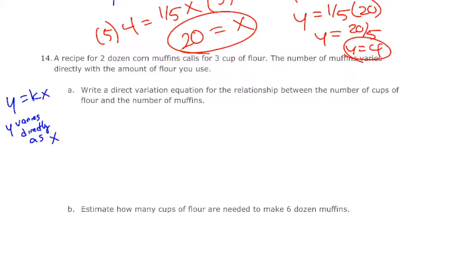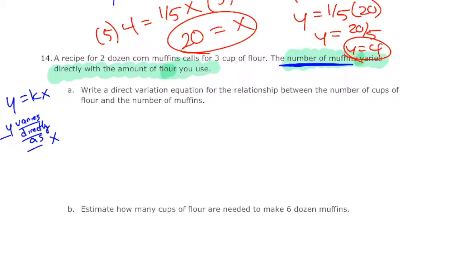Fine. So then, a recipe for 2 dozen corn muffins calls for 3 cups of flour. The number of muffins varies directly with the amount of flour you use. Well, now isn't that curious? So then the number of muffins varies directly. Look at that phrase. Y varies directly as x.